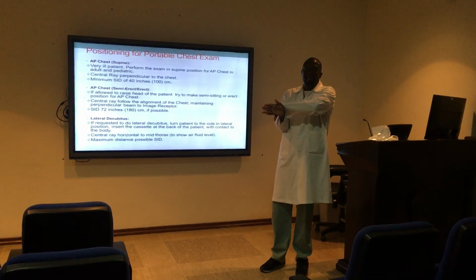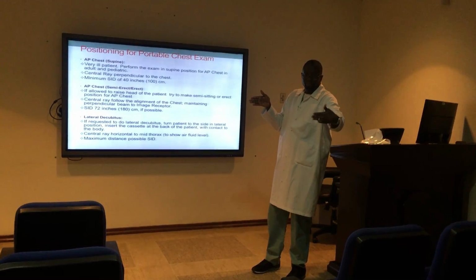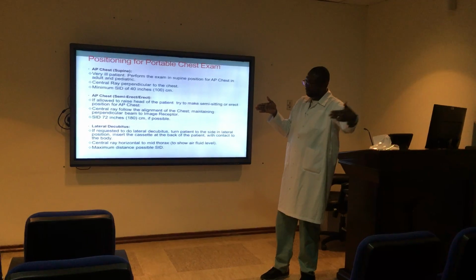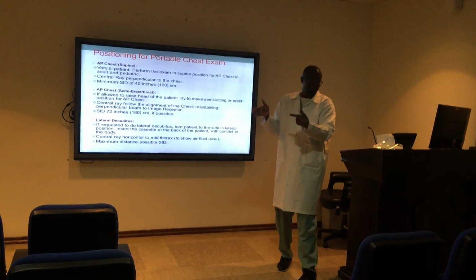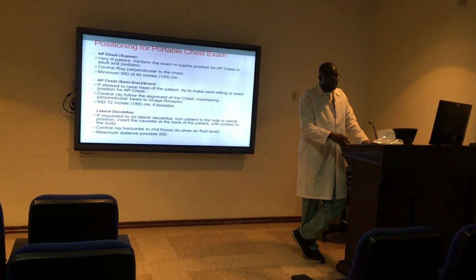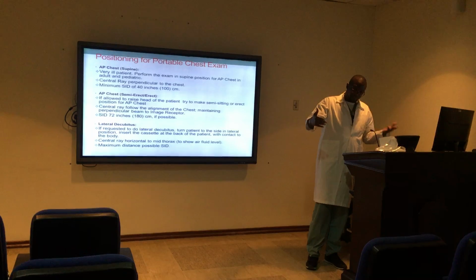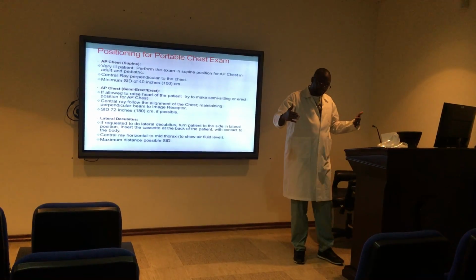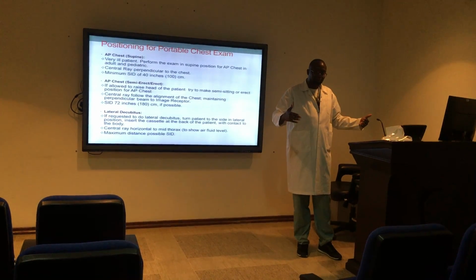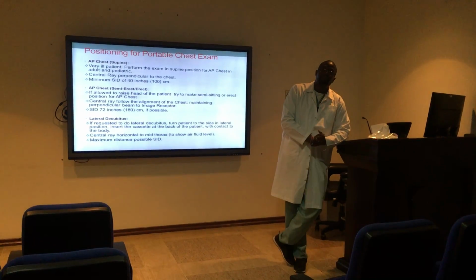You put your cassette behind, you have to angle your portable tube, and you shoot the same way. The central ray has to be horizontal to the mid-thorax. Like I said earlier, the same thing: try to achieve the maximum source to image distance.